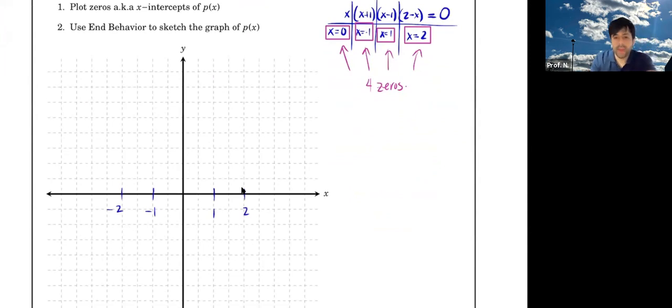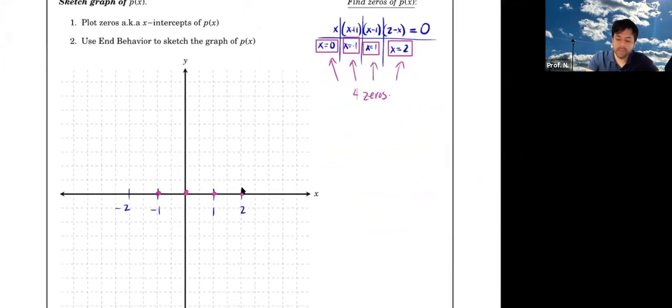And what do I know? I know that for a fact, we got 2, we got 1, we got -1, and we got 0. Wow, we have all these zeros bunched up together, one after the other. What else do we know? So that's the first thing, right? We plot them. Boom, check.